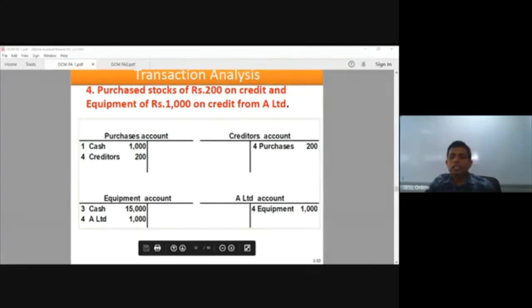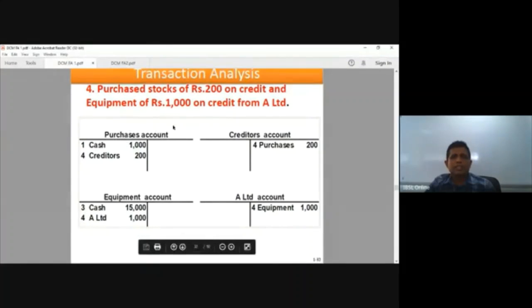Then equipment is purchased on credit, right? Here, equipment of 1,000 rupees on credit from A Limited.